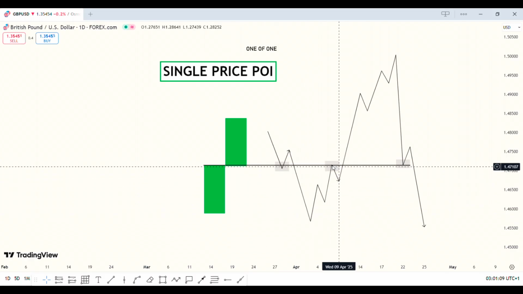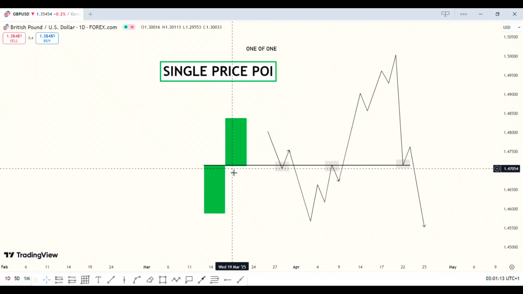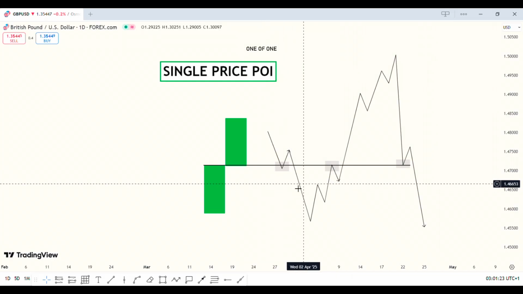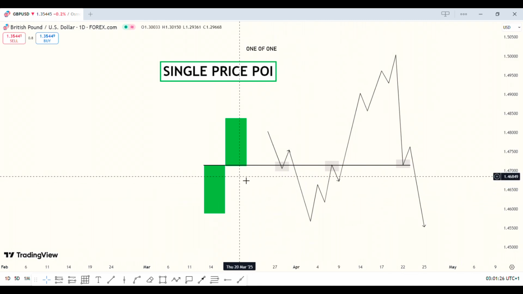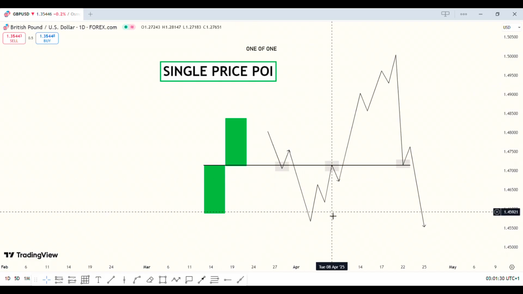It can break through it, reject. So these multiple rejections from that zone basically show that that zone is significant or important to price. So that is what validates these single price POIs.